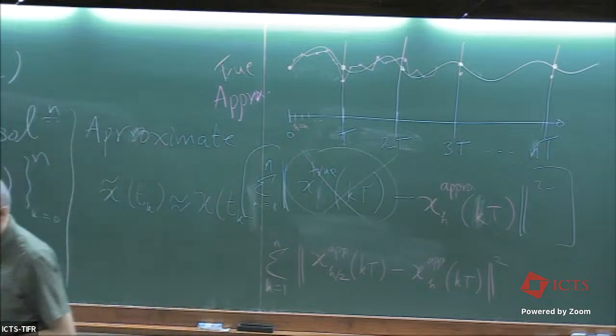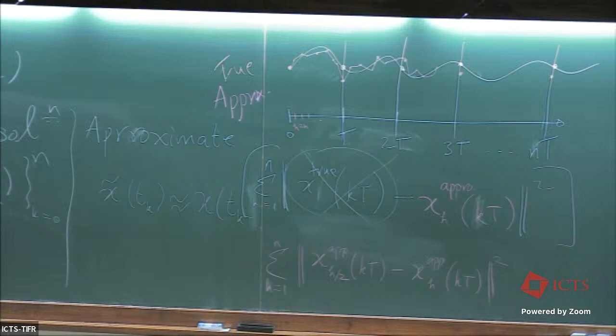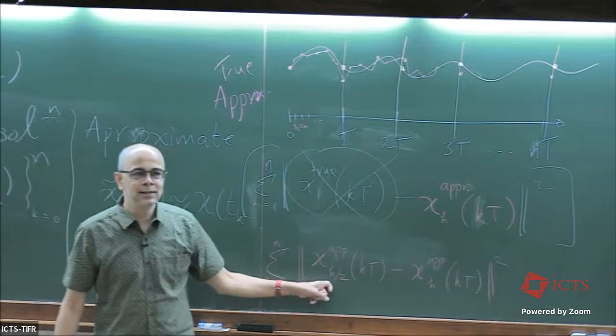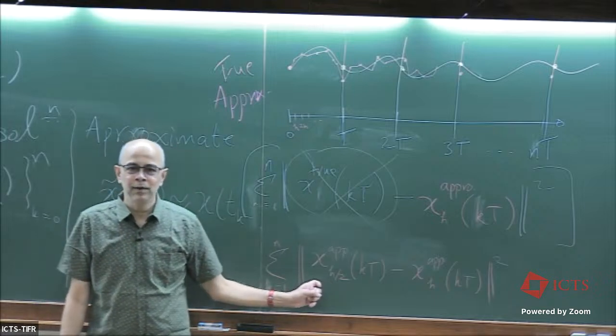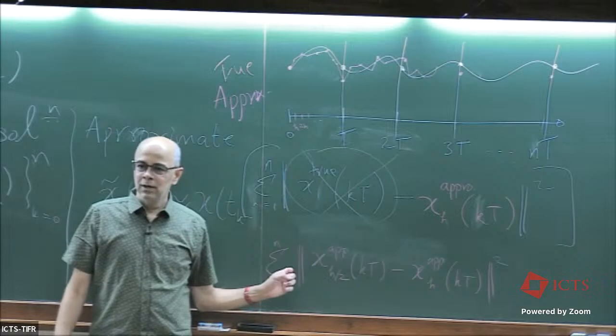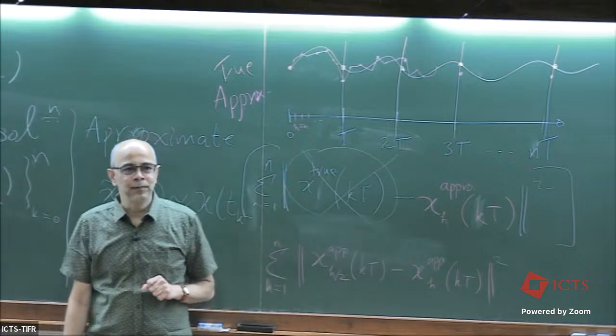For the standard numerical methods, like Runge-Kutta, Euler method and so on, actually Euler is a bit complicated, so forget Euler. For RK4, for example, there are theoretical results that say that as h goes to 0, this quantity will actually go to 0.